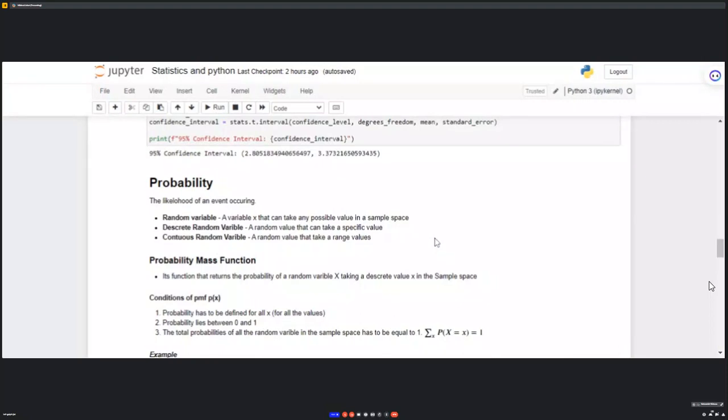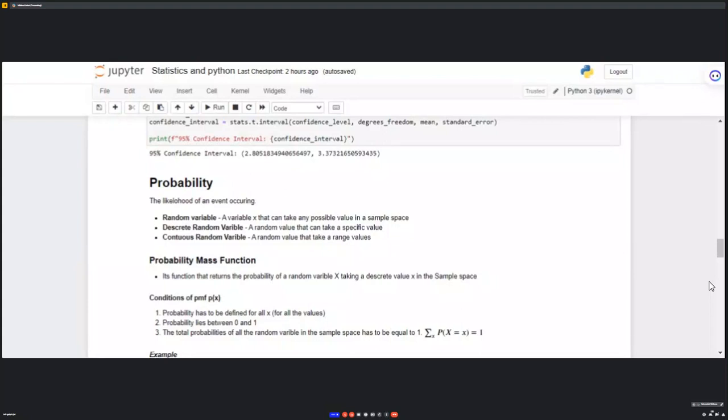A random variable is any variable x that can take any value in the sample space. And by sample space, I mean if we take all possible events that can happen in an experiment, all possible outcomes, that is my sample space. So a random variable is just any variable that can take any value within that space.